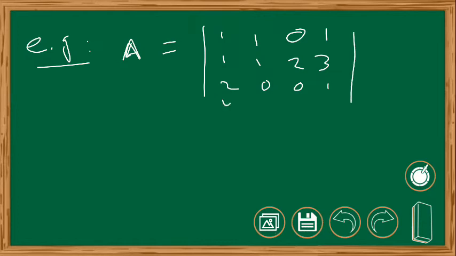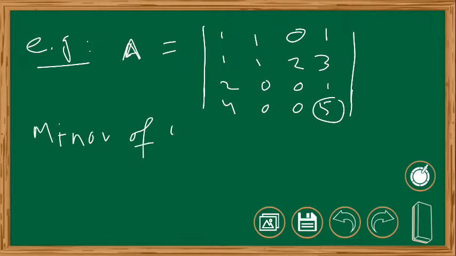And it is 4, 0, 0 and this one will be suppose 3. And I have asked you, make it 5 letters. I have asked you find minor of element 5. I repeat, find minor of element 5.